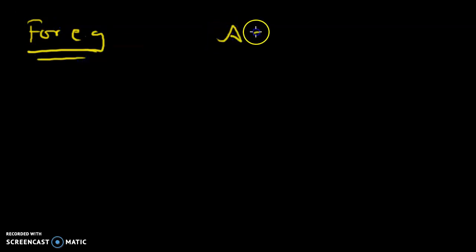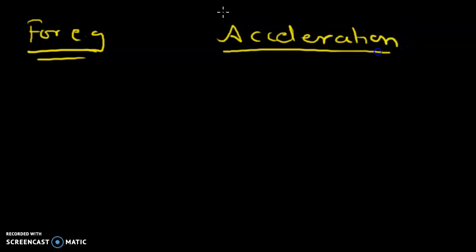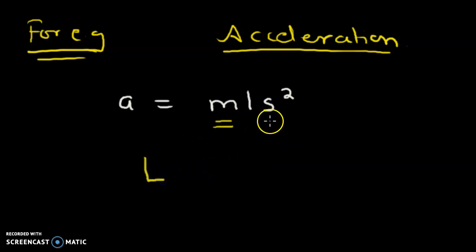So for example, let's work over some physical quantity like acceleration. What is acceleration? It is the rate of change of speed with time, or velocity with time. So the unit of acceleration is meter per second square. If I need to represent this in terms of the dimensional formula, meter is the unit of length, and second is the unit of time.